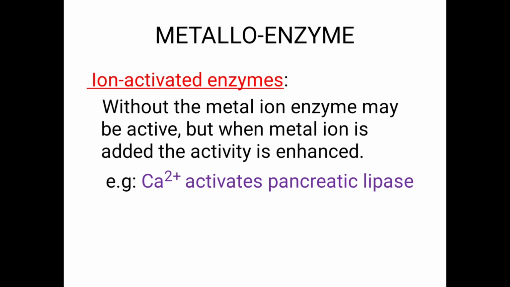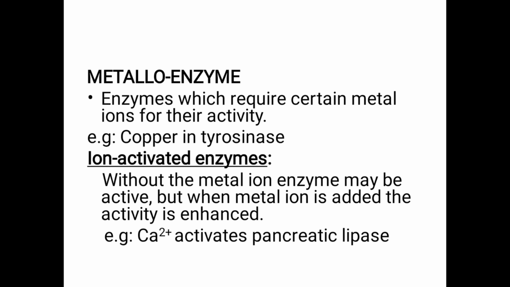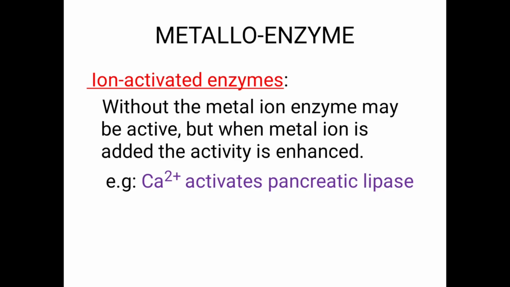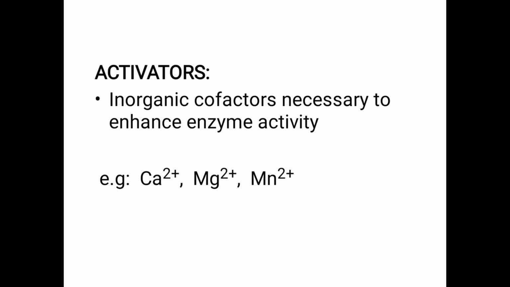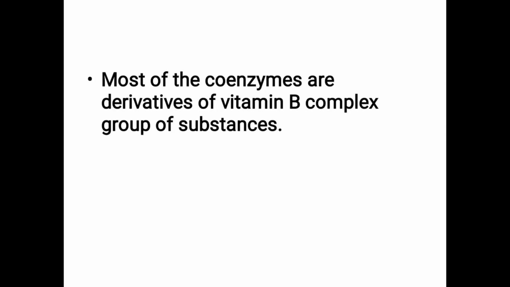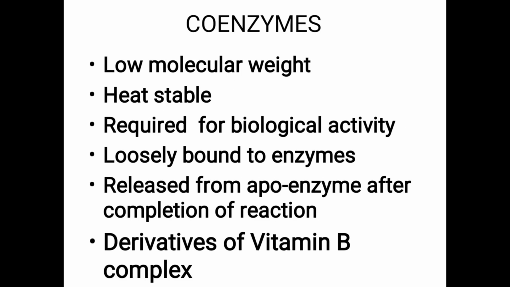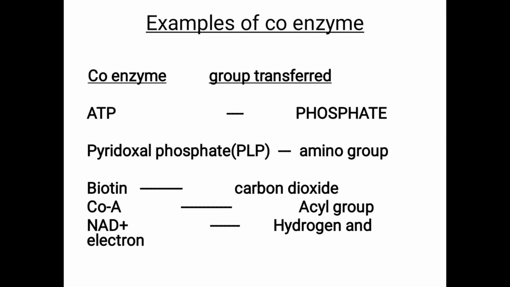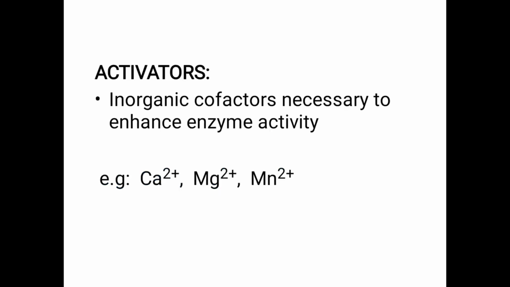These are the things. So here we have to remember that coenzyme is important. Examples also you can give and properties also you can give. These are the properties of coenzymes, and most of the coenzymes are derived from B complex vitamins. Okay, that is all. Thank you.